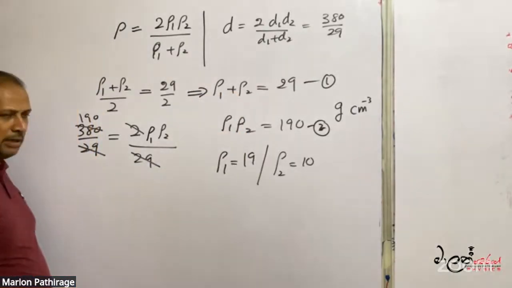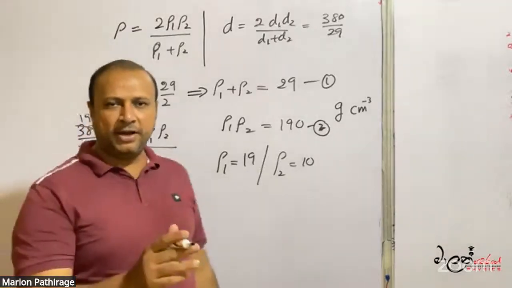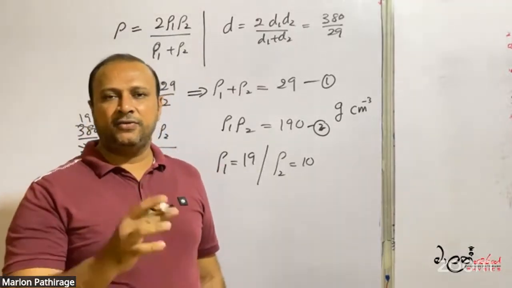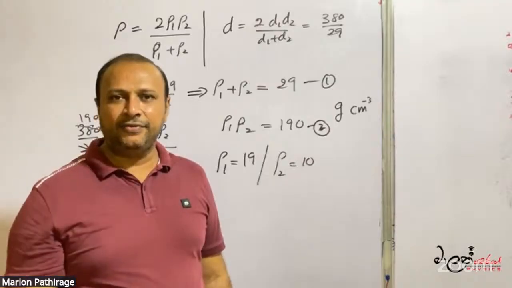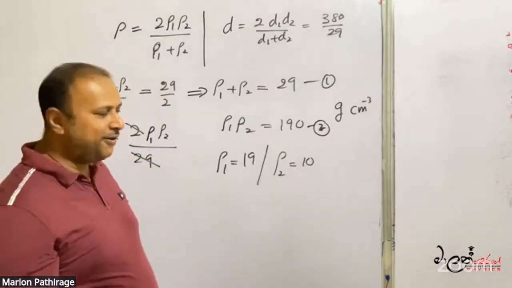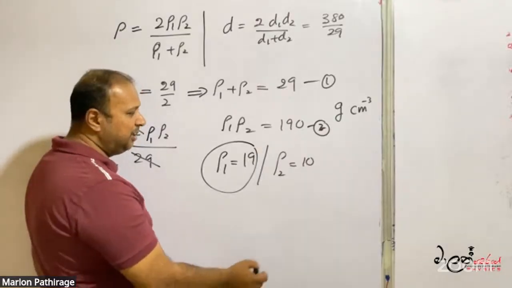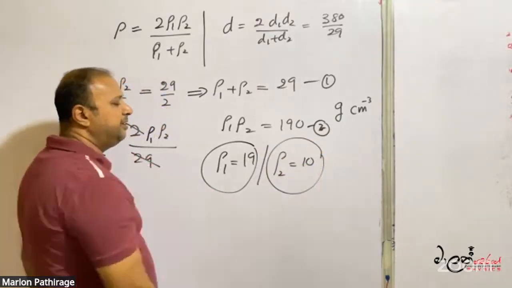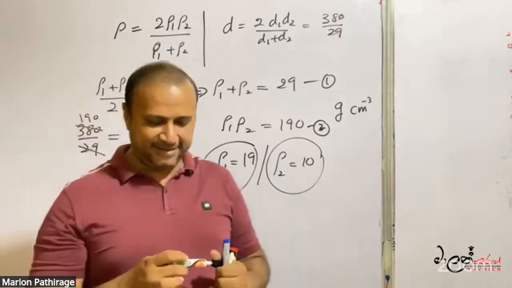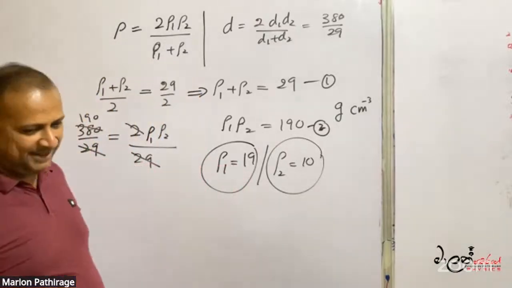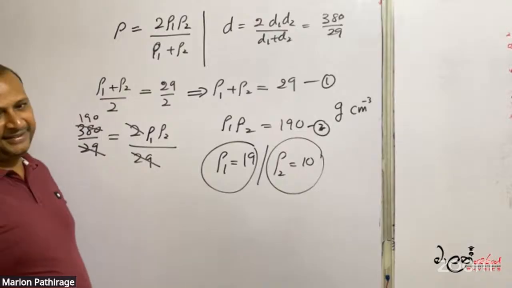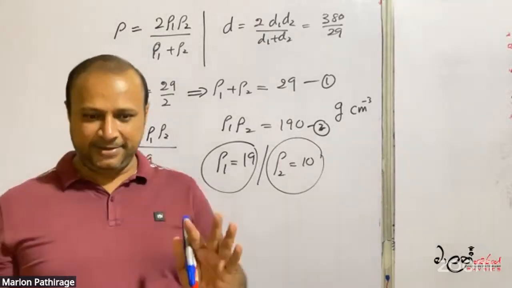Again, you are given that the relative density of gold is higher than that of silver. Therefore, this one should be the relative density of gold, and this one should be the relative density of silver. Is that clear?